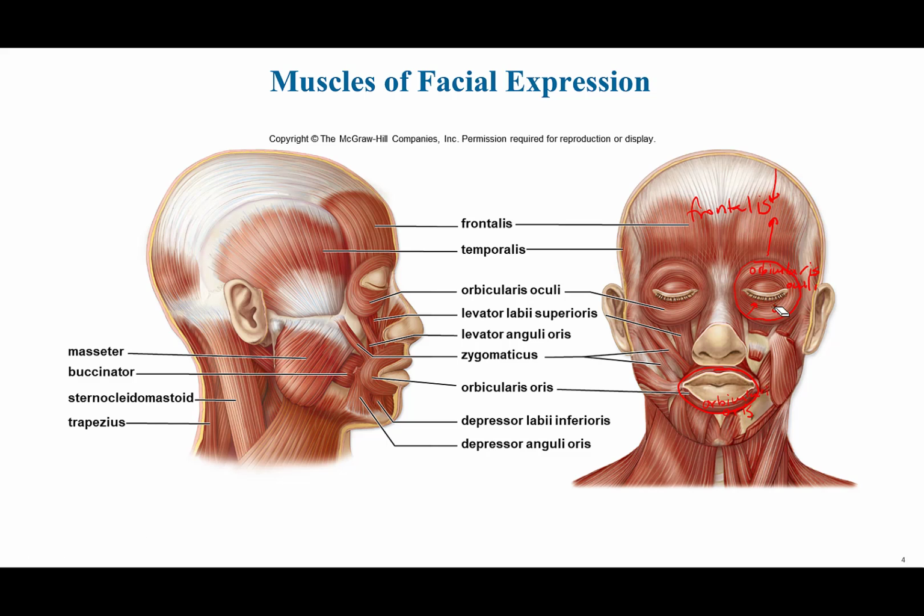When they contract, the orbicularis oculi is going to help you close your eyes. You use this muscle when you need to shut your eyes closed. In terms of the orbicularis oris, just think about you trying to kiss someone, where you stick out your lips, right? You kind of like make it round up and stick it out. That's because of the orbicularis contract and make that kissy face.